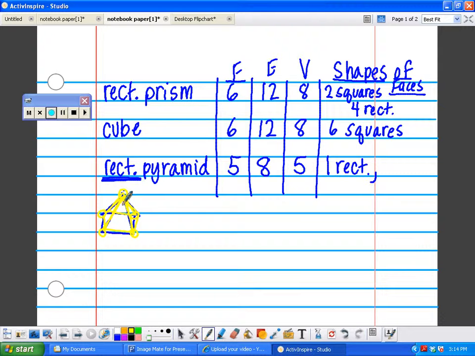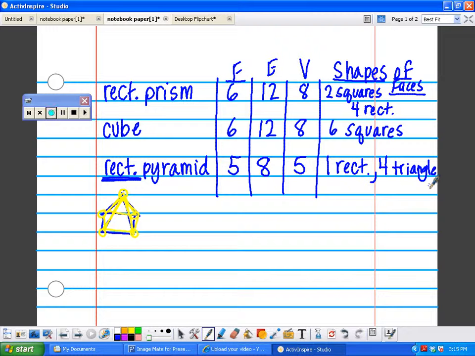Prisms are always made up of rectangles with 2 different ends. Pyramids are always made up of triangles with a different base. Look at all my pyramids I have here. What do they all have on the sides? Triangles.